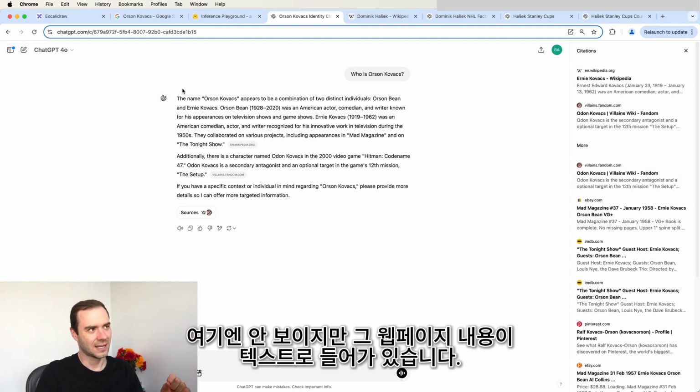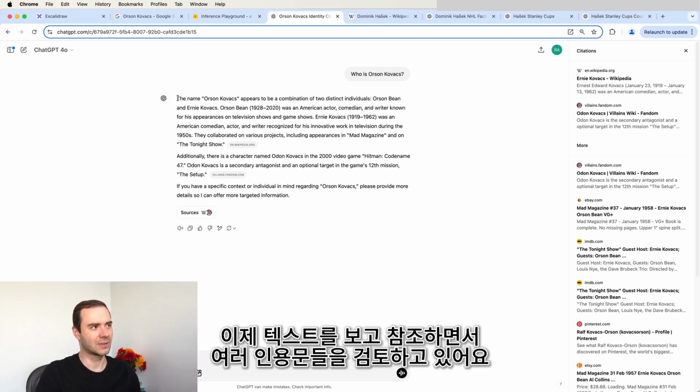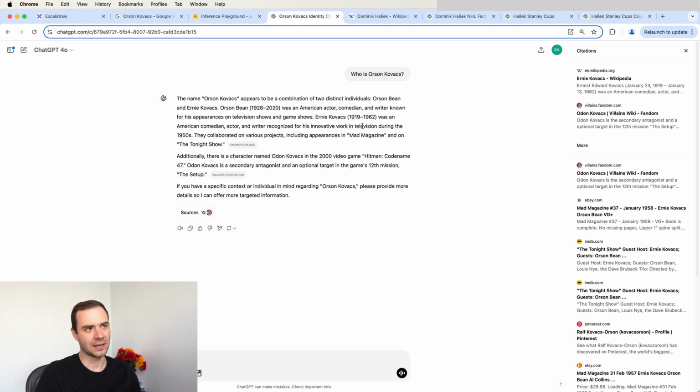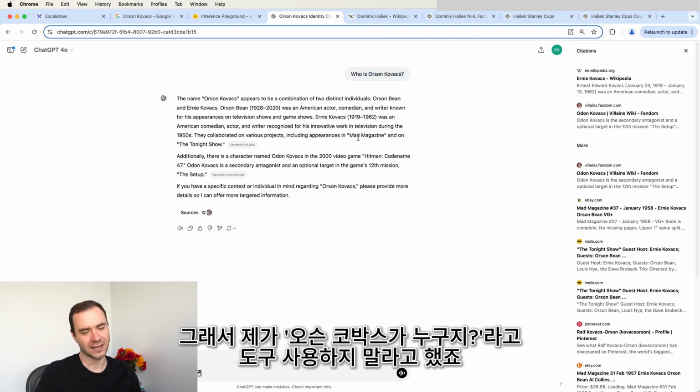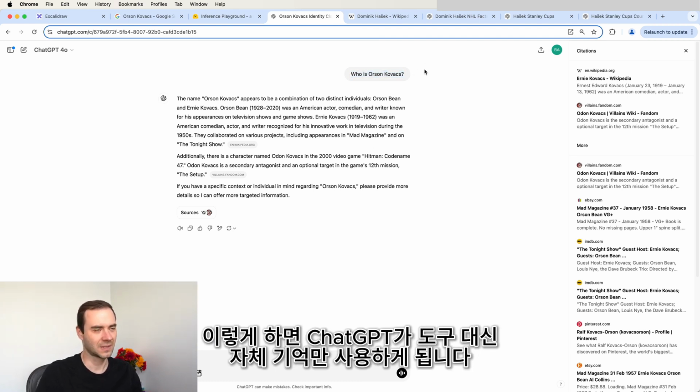Now it sees that text and references it, saying it could be these people, citation, it could be those people, citation, etc. That's what happened here. And that's why when I said, who is Orson Kovacs, I could also say, don't use any tools, and that's enough to convince ChatGPT to not use tools and just use its memory and recollection.